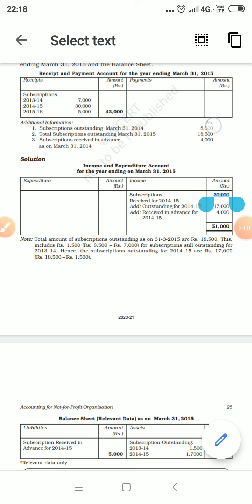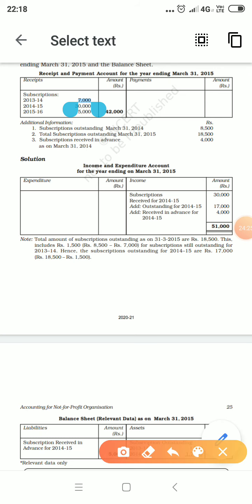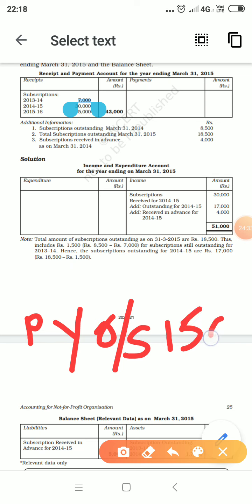See children, previous year's outstanding is 8,500. Out of 8,500, we received 7,000. So what is still outstanding? 1,500 belonging to previous year is still outstanding. What is the total amount of subscription outstanding as on 31st March 2015? The total amount of subscription, including previous year and current year, is 18,500.